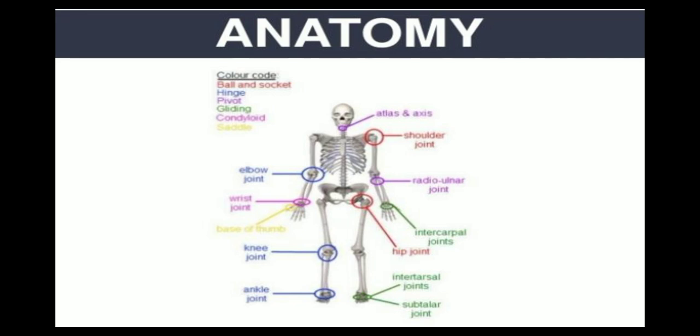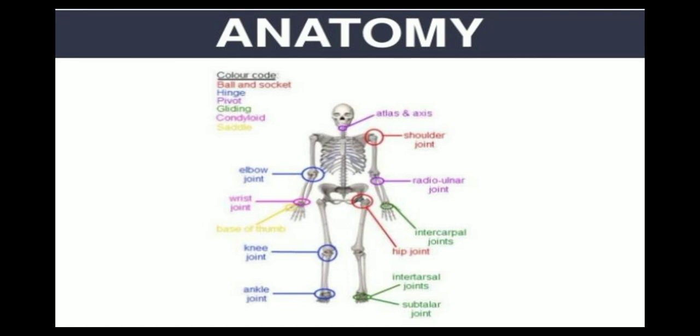Pivot joint, we can see that it is marked with purple color and it is present in atlas axis, only in atlas axis, and also in radioulnar joint. Now next we will see the gliding joint. It is present in intercarpal joints and intertarsal and subtalar joint, that is in the fingers we can say or in the hands. Condyloid joint, it is marked again in a different kind of purple color.